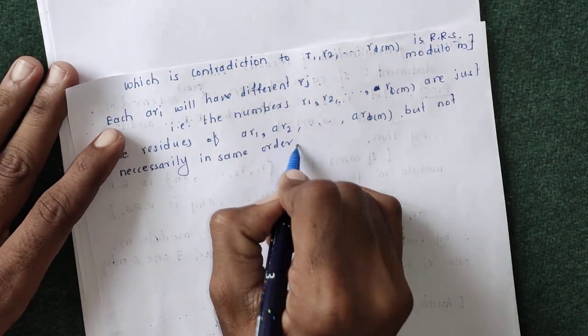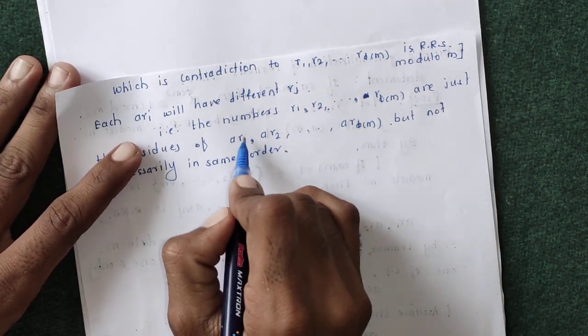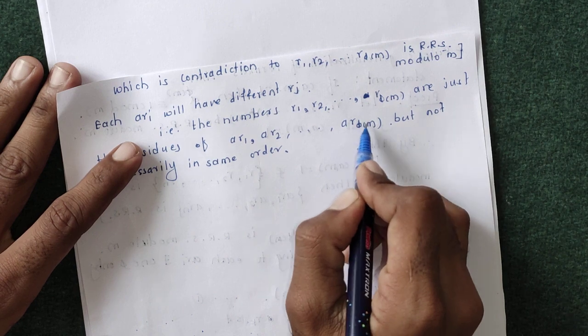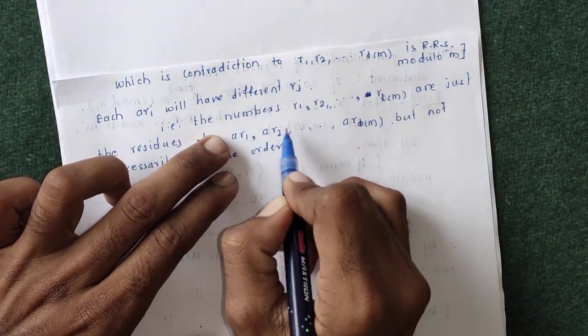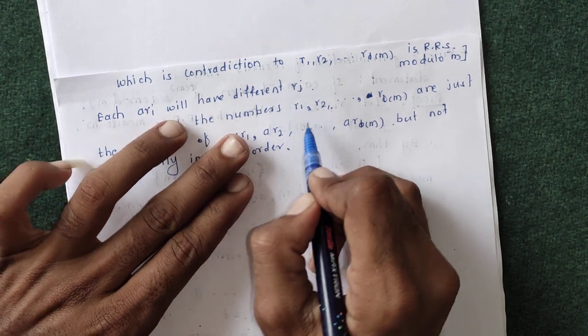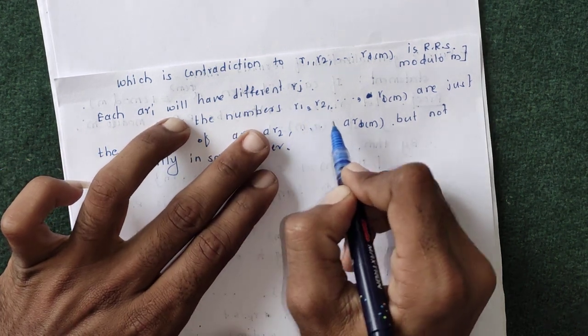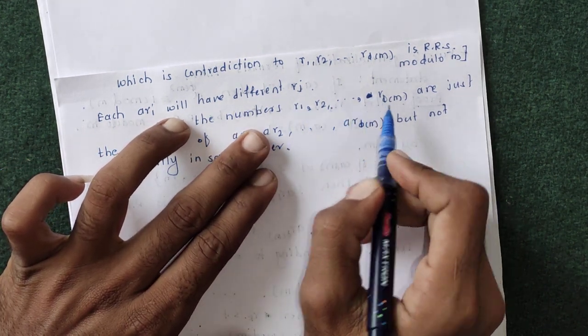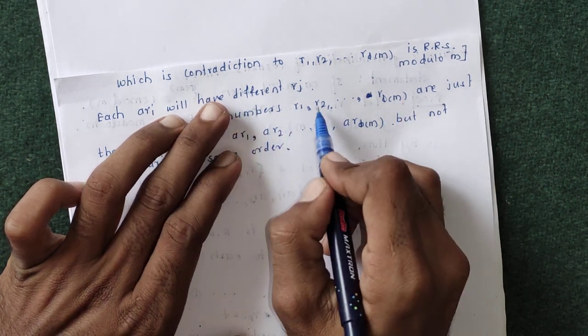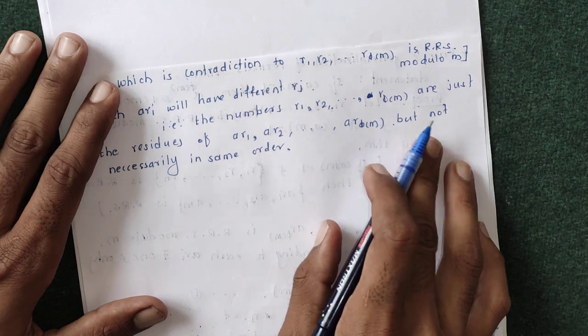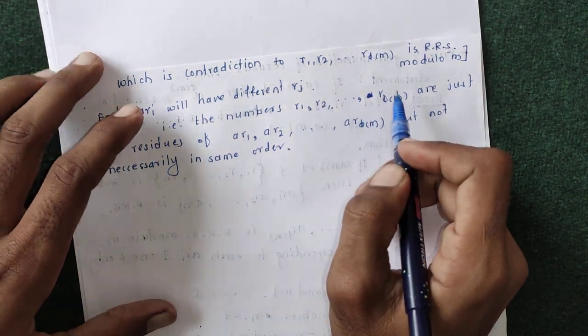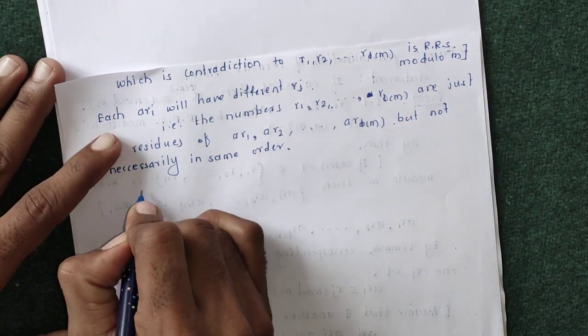So we must get phi of m congruences, that is ar1 is congruent to, suppose, r phi of m modulo m, ar2 is congruent to, suppose, r1 modulo m, ar3 is congruent to, suppose, r2 modulo m. Then we combine these phi of m congruences, that is, we multiply all these phi of m congruences by using the theorem.